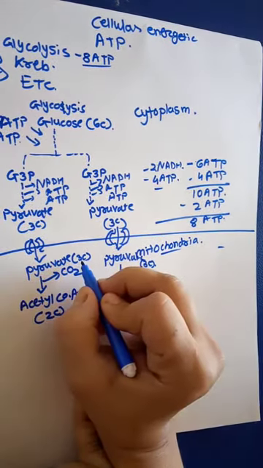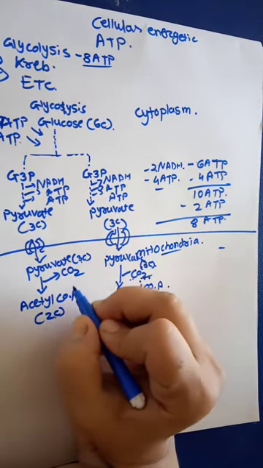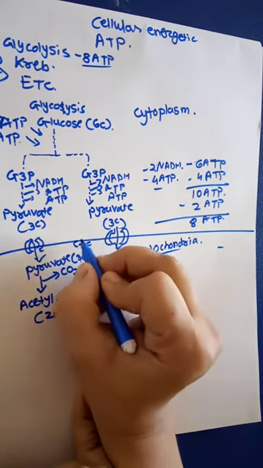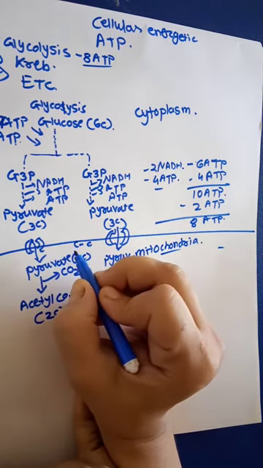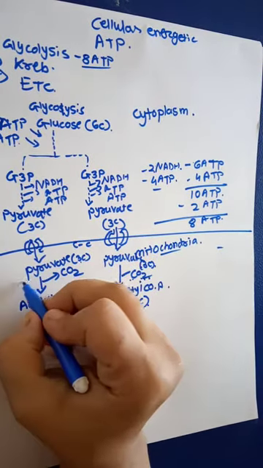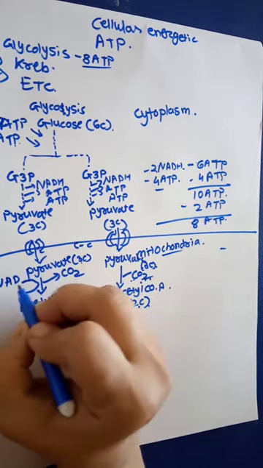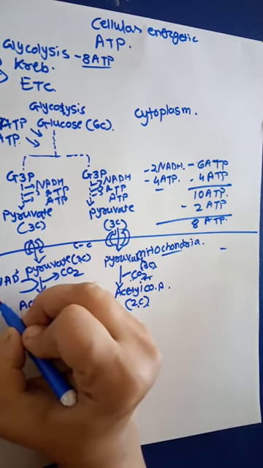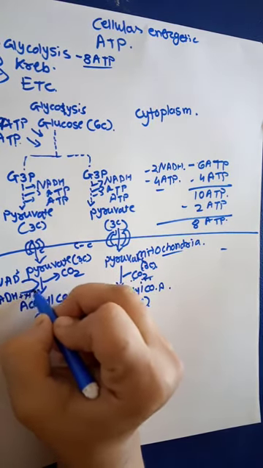As this is a 3 carbon compound and this is a 2 carbon compound, there is a breakage of one carbon-carbon bond. As this bond breaks, some energy is released, and that energy will be trapped by NAD, and we get one molecule of NADH plus H positive.